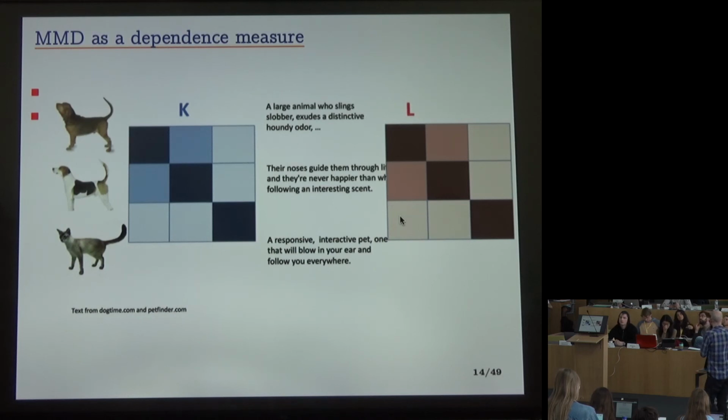Now let's say that the text and the images are dependent, okay? That means if I have similar pictures, I will also have similar captions, right? If I have 2 pictures of a dog, then the captions will both refer to dogs. If I have dissimilar images, I will have dissimilar captions. If my picture is of a dog and of a cat, these are very dissimilar, my captions will also be dissimilar. It's like, dogs and cats.